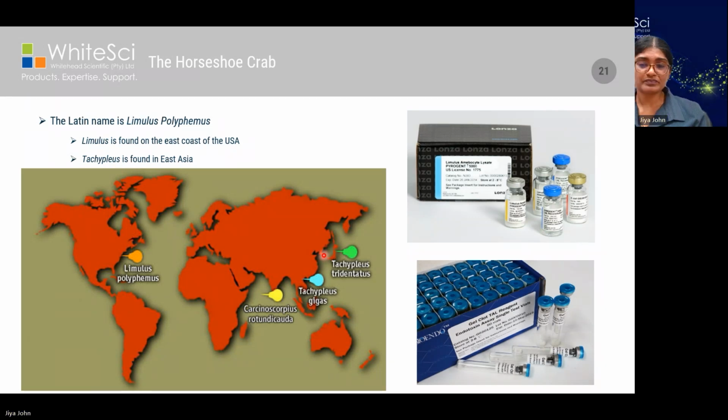So if you're working in a lab on the Asian side, you may come across an endotoxin kit saying TAL reagent instead of LAL reagent. It just indicates that they have sourced the lysate from the species from the Asian side.